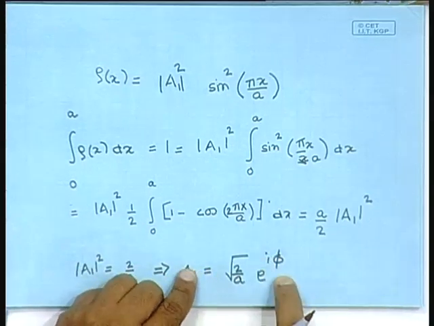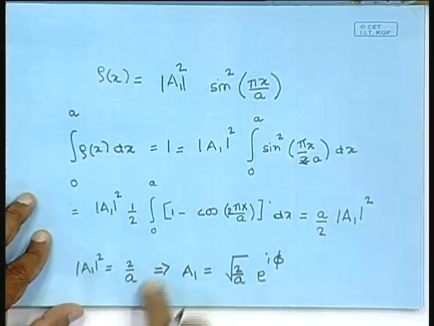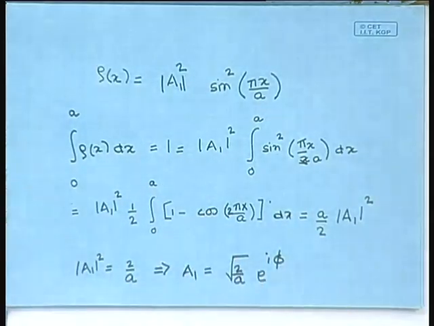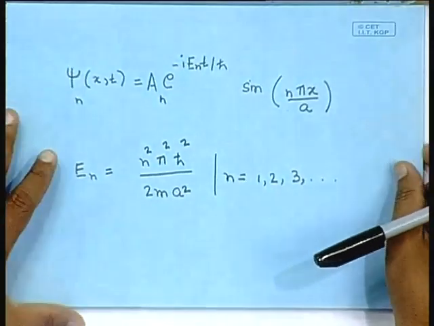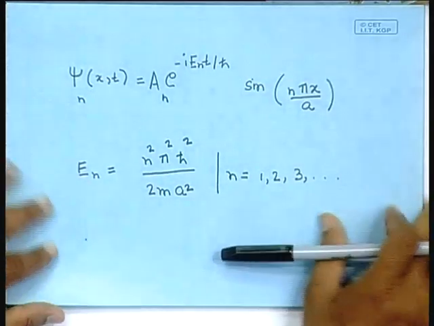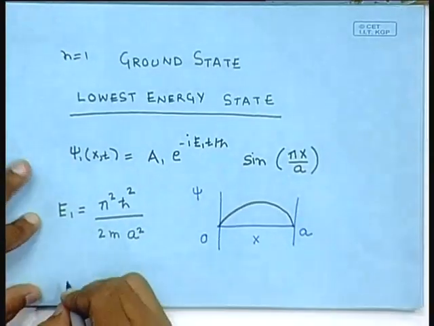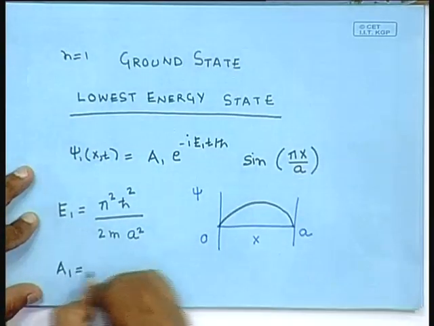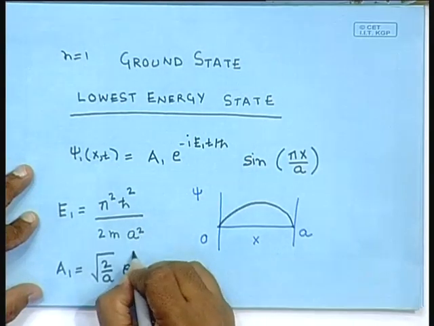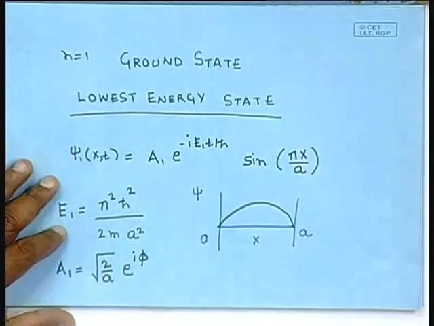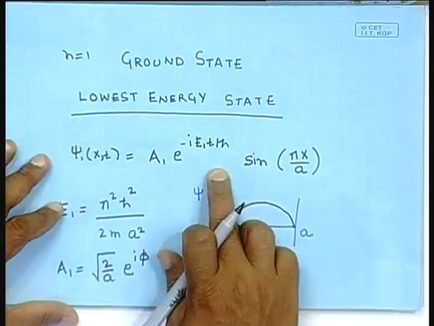If you set phi equal to pi, I pick up a minus sign. These are all possible solutions which give you this condition. So, the normalization coefficient for the ground state is a1 equal to root 2 by a with some arbitrary phase e to the power i phi, and for any value of phi you put in a1 here, it will satisfy the normalization condition.